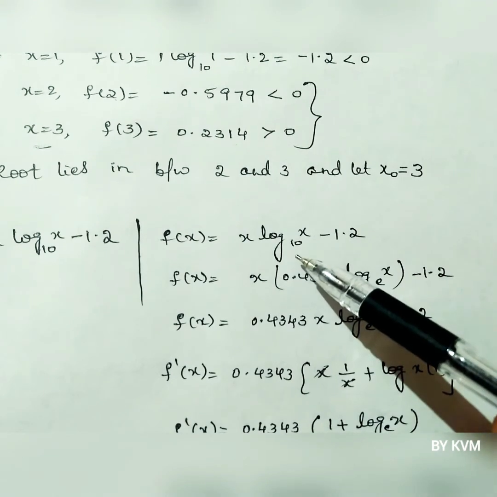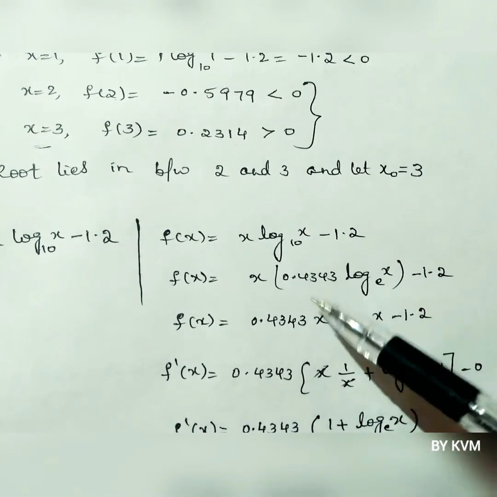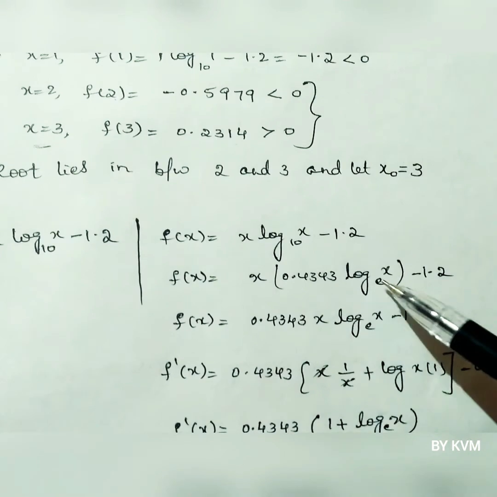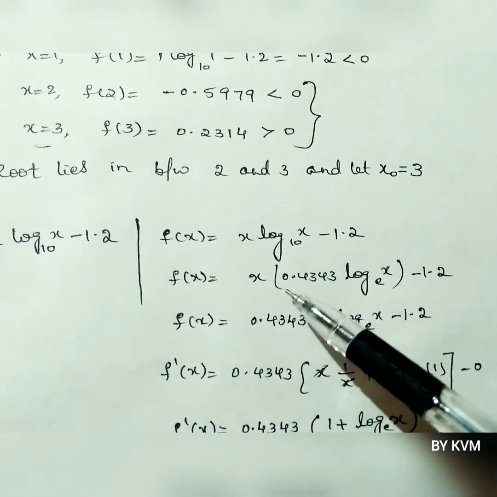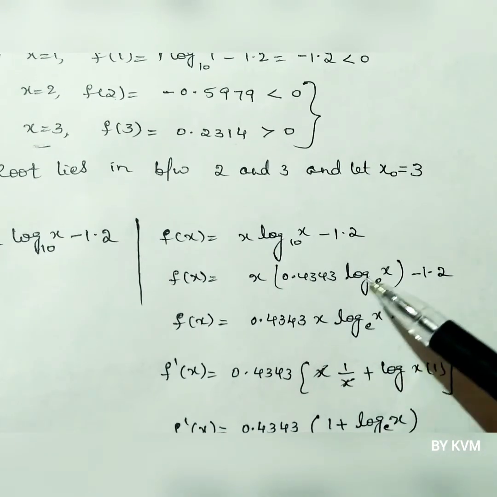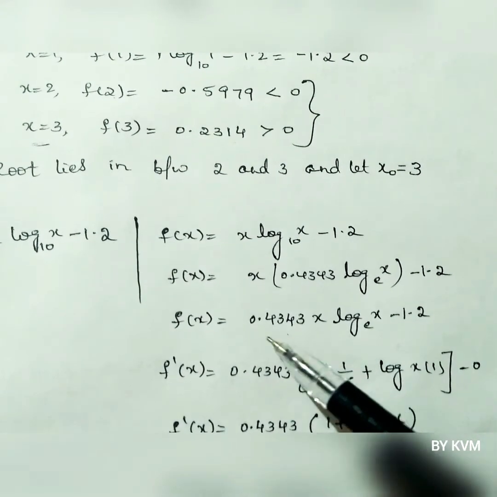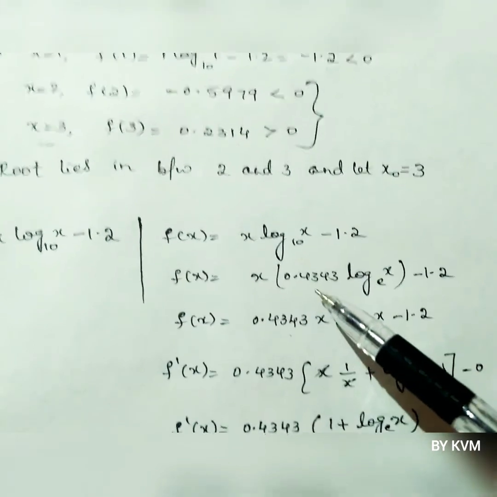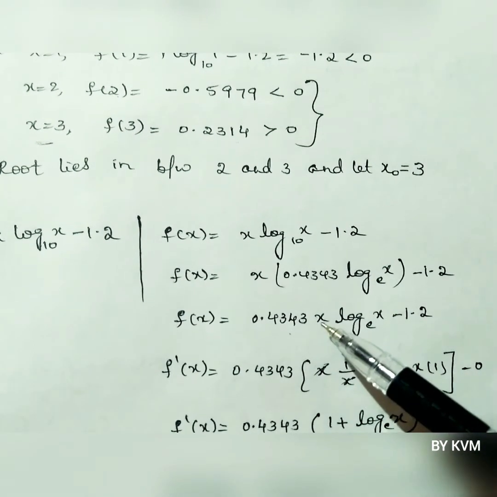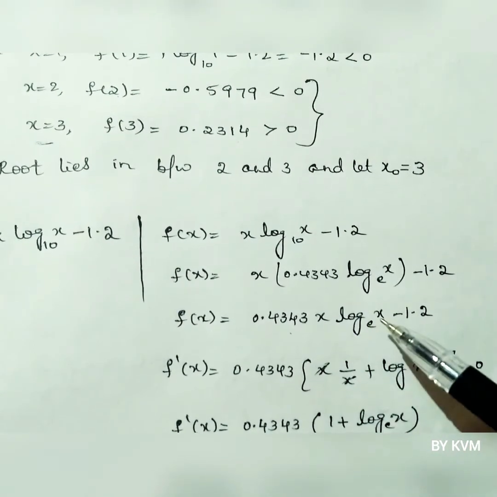So f of x equals 0.4343, which is a constant, into x into log x to the base e, minus 1.2.